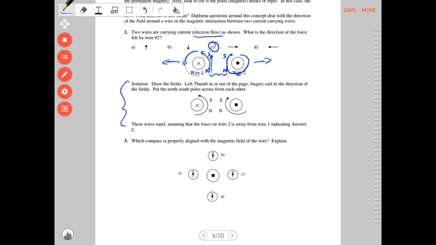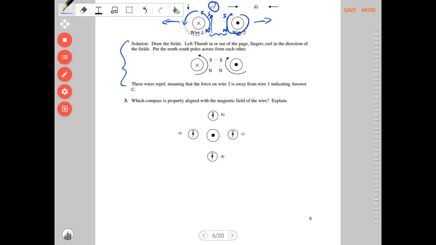Okay, so number 3. Little questions like this. If I put compasses all the way around the wire here, only one of these is going to be set up properly. So which compass is properly aligned with the magnetic field of the wire?